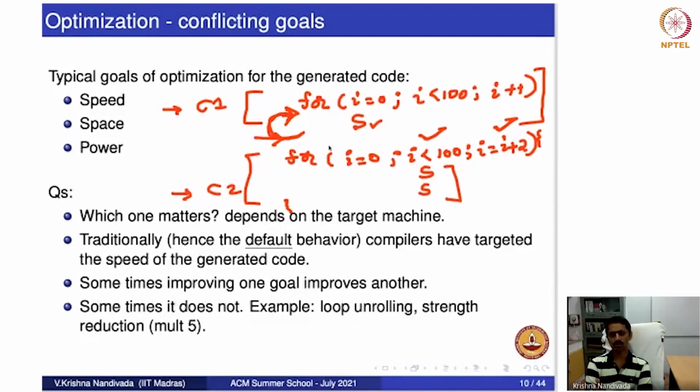Let's ask ourselves this question: is the complexity of this code changing? C1 and C2, is the complexity the same? Meenakshi? Or is it different? Sindhur, is the complexity of C2 different from C1?